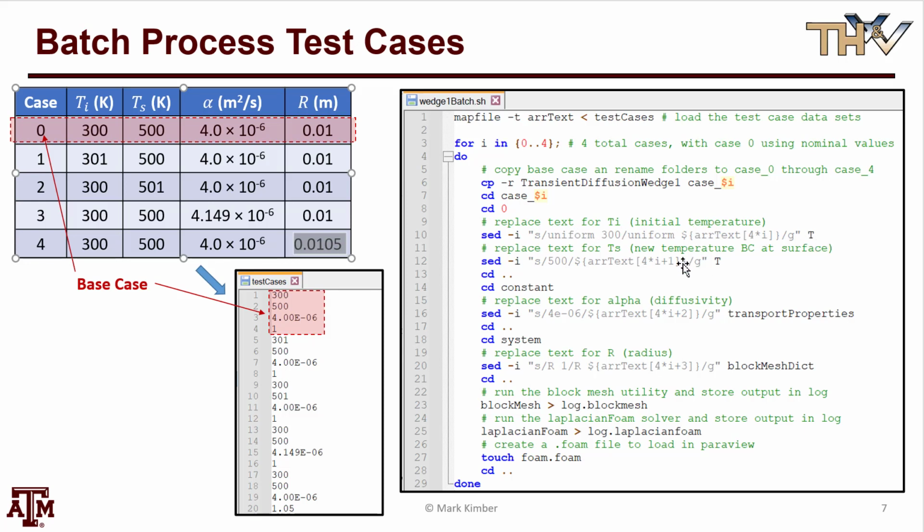And this sed command is a stream editor, and so it's looking in this file T for a phrase that is uniform space 300, and I'm going to replace that with uniform, and I'm going to call out my rtext. In this case, for the very first loop with i equals 0, I want it to be element 0. I want it to be 300. But the next loop through, when i equals 1, I want it to be the fourth element, and then plus 4 more, and so on and so forth.